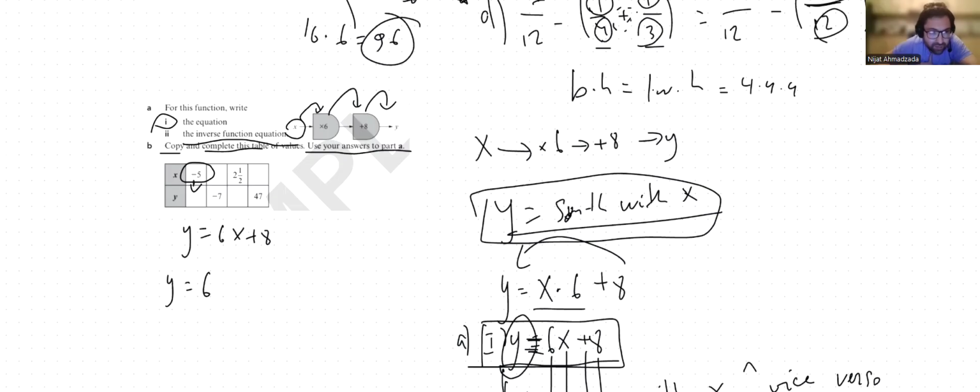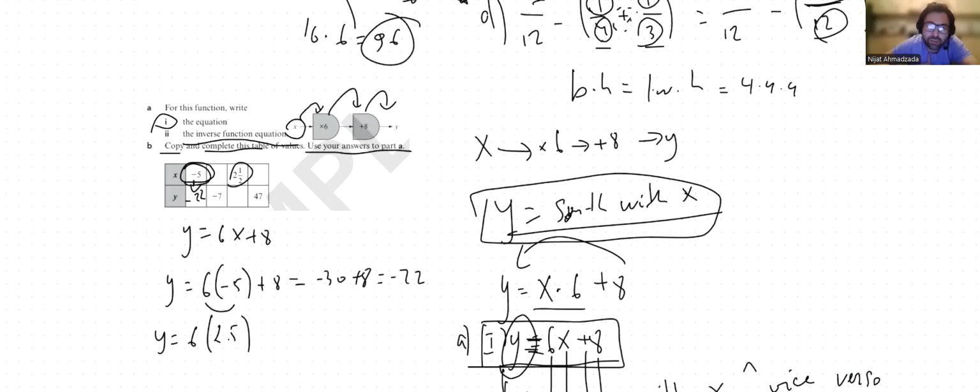X was negative 5 here, so 6 times negative 5 plus 8. 6 times negative 5 is negative 30, plus 8 is negative 22. Now check this one. Y equals 6 times x. X is 2 and 1 over 2, so it's 2.5. 6 times 2.5 is 15, plus 8 is 23.